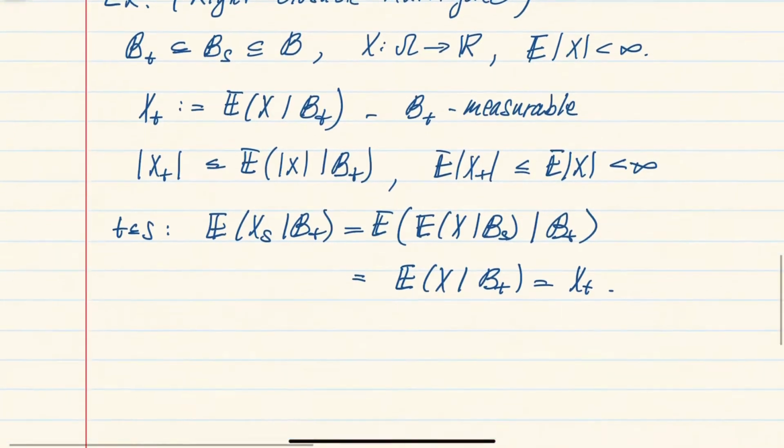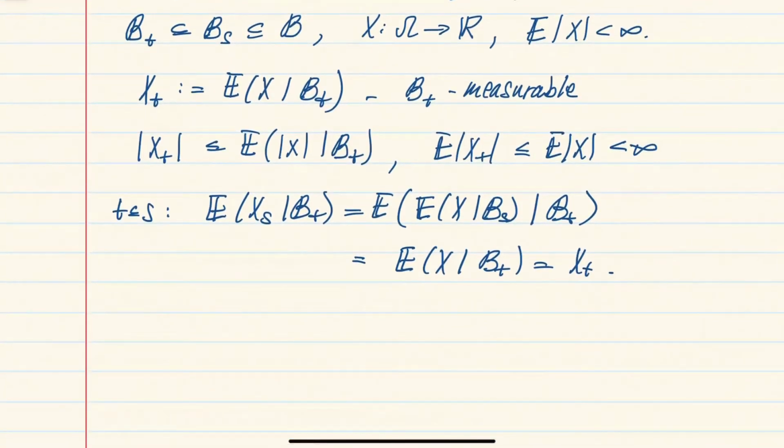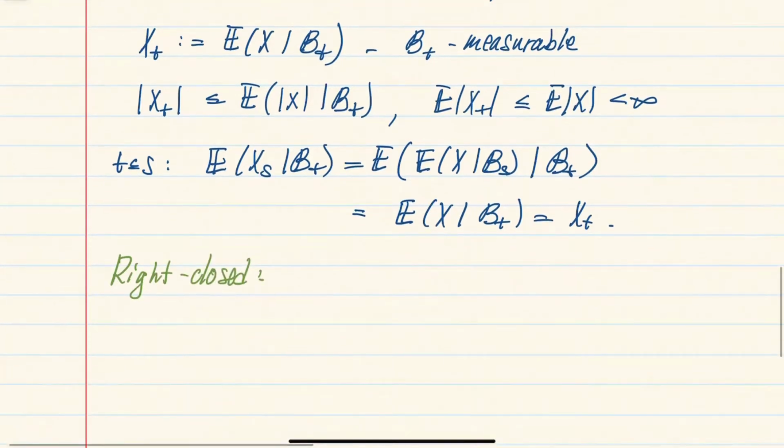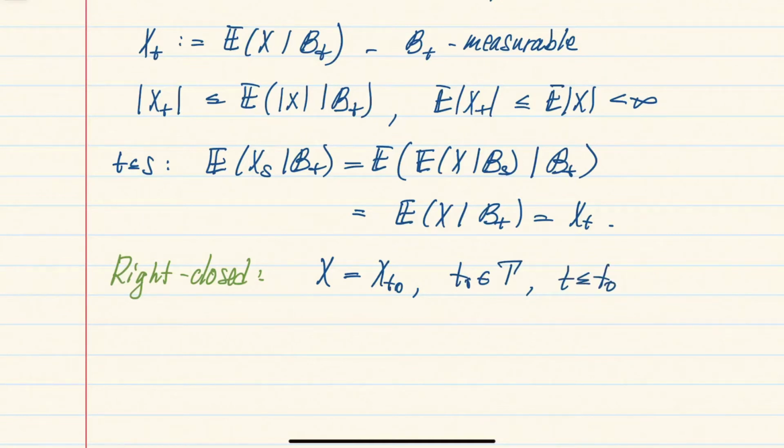Now, it's called right closed if this random variable x is part of your index set. So it's indexed by some t in your index set T. We'll say that your martingale is right closed if this random variable x is also indexed by some t naught, which is an upper limit. So it's one of the indices in our set which is bigger than all other indices.